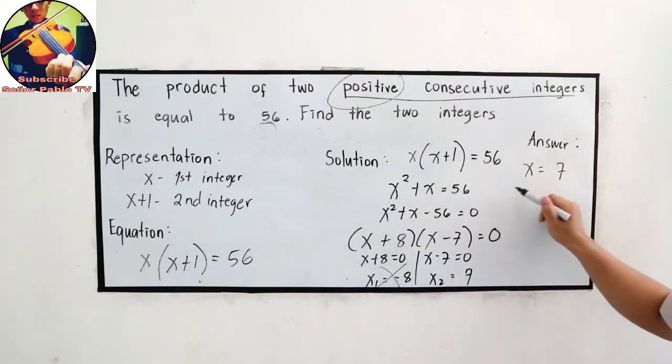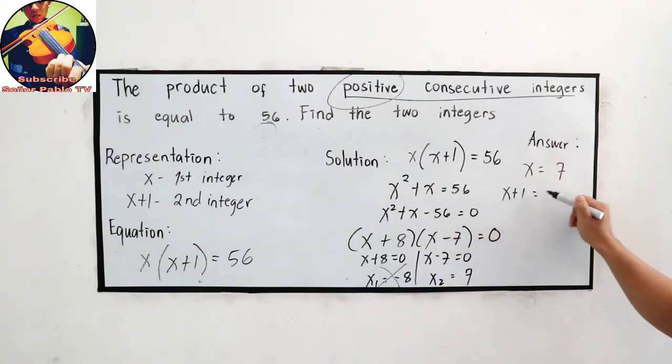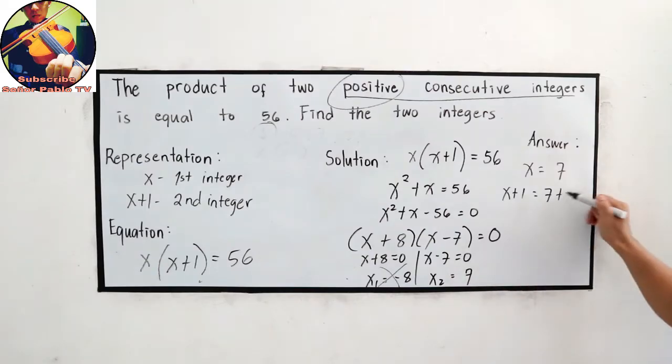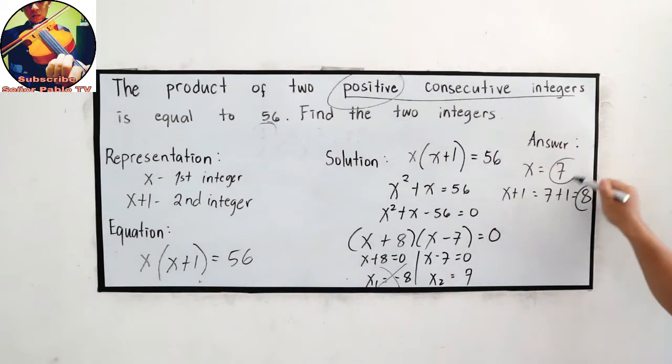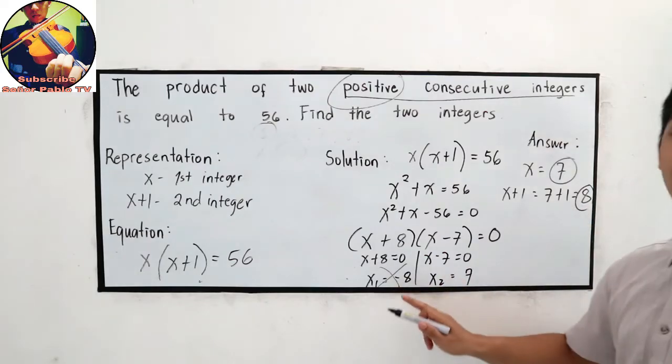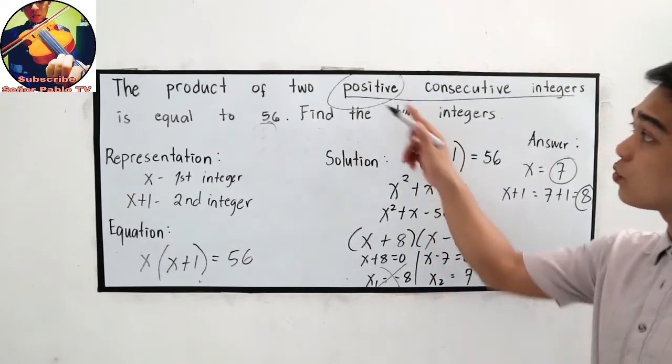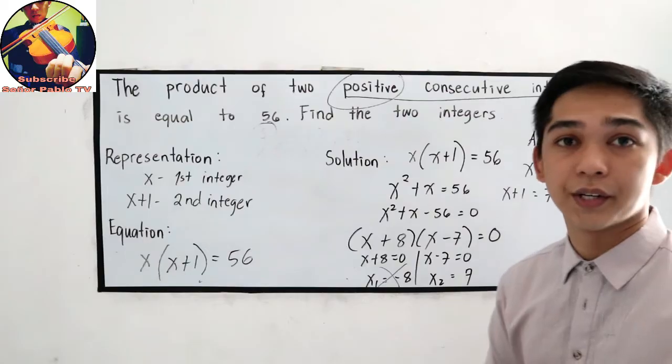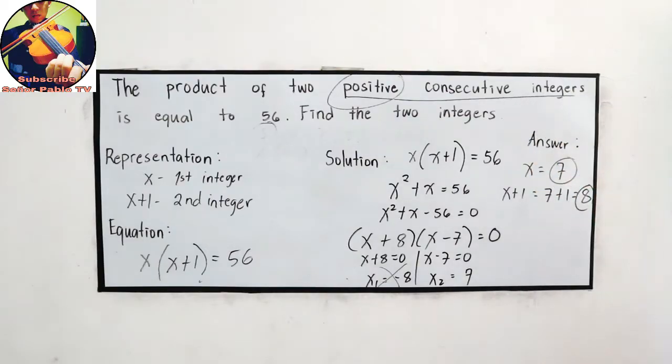Then the other one, x plus 1, that is 7 plus 1, which is 8. Again, we will omit negative 8 because we're just looking for the positive integer. So our final answer is 7 and 8.